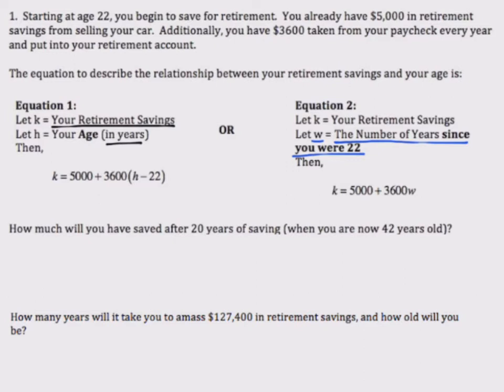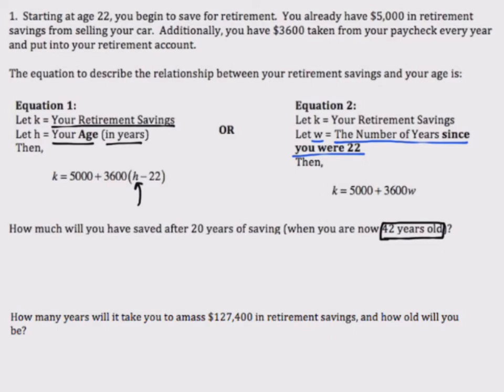Alright, so in our first question, how much will we have saved after 20 years of saving when we are 42 years old? So first things first, I want to concentrate on when we are 42 years old. Well, in our first equation, we have a variable that represents our age. So if we want to know how much we have in savings when we're 42, all we need to do is substitute a 42 in for this variable, which represents our age.